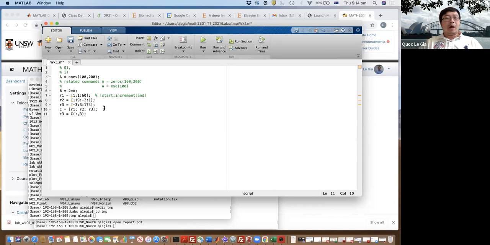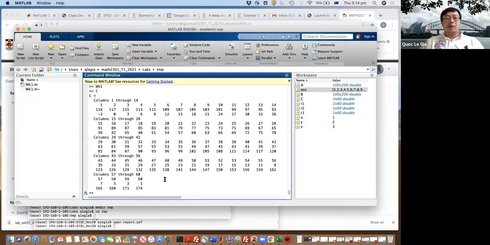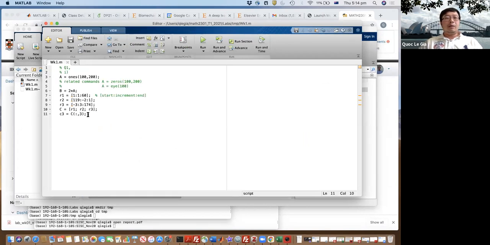Suppose I put in my command window C, colon, and then 3, and you see that it gives you the 3rd column of the matrix C. Then the 4th column, so C4 is C colon 4, and you do the same to get C1 and C2.